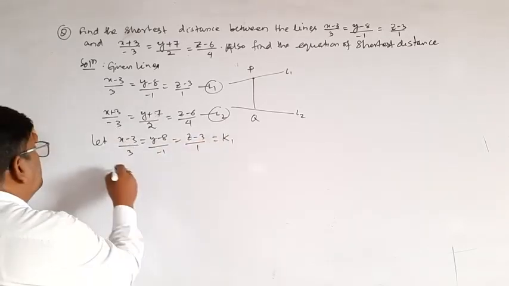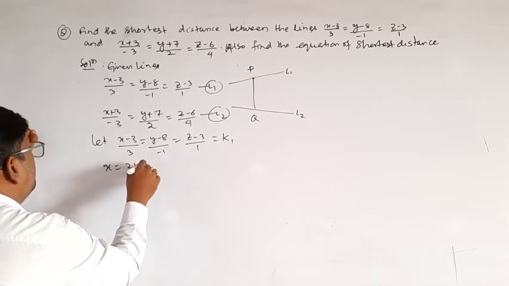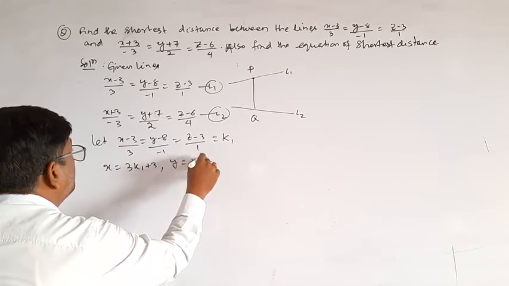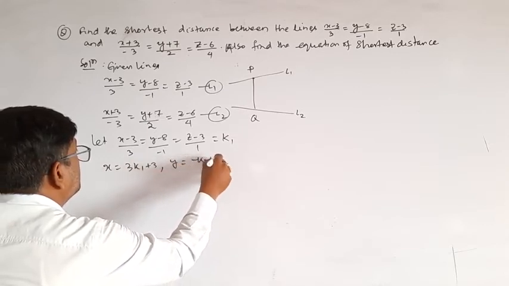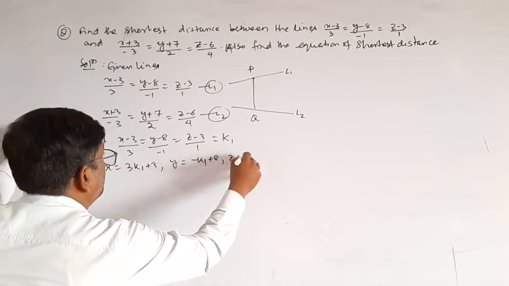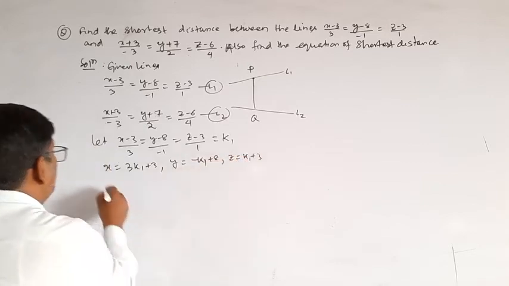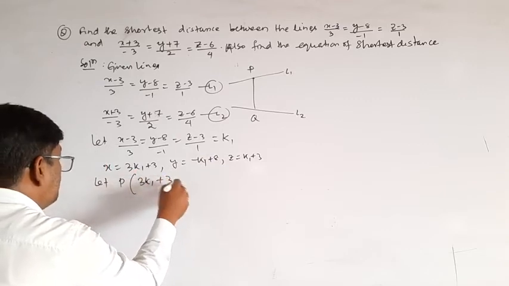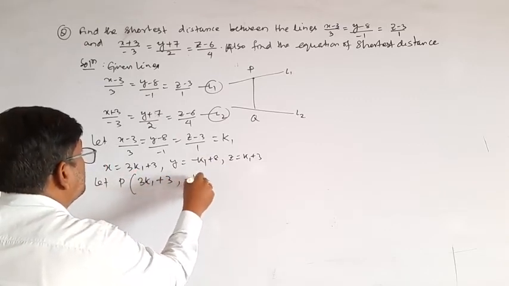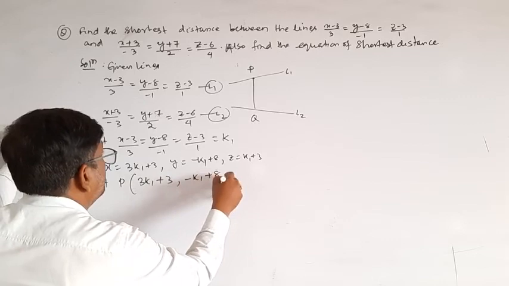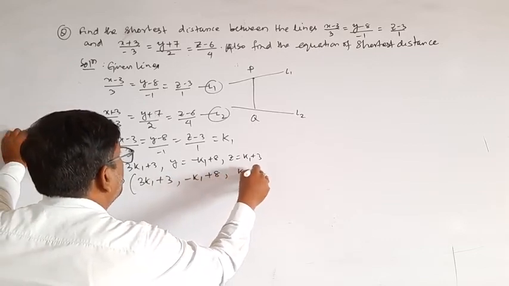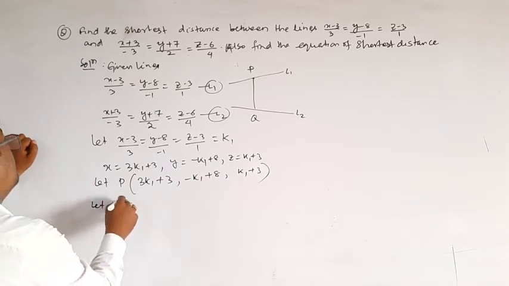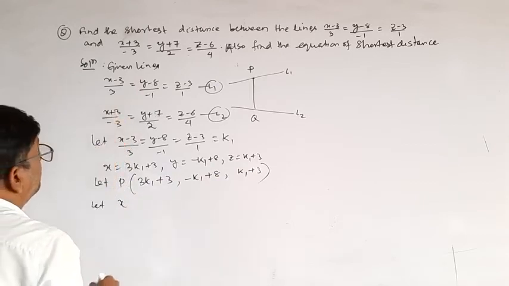So x = 3k1 + 3, y = −k1 + 8, and z = k1 + 3. So the point P is (3k1 + 3, −k1 + 8, k1 + 3).